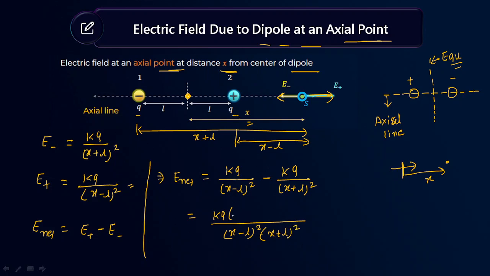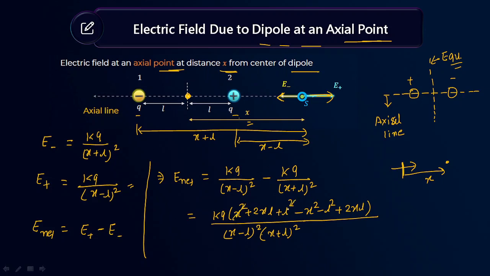Now in numerator we can write (X plus L) square, that is X square plus 2XL due to this plus charge, X square plus 2XL plus L square, and due to this minus sign is there, so it will be minus of (X minus L) square. So X square minus L square, minus minus will become plus, plus 2XL, right? Simple, we have done the simplification.